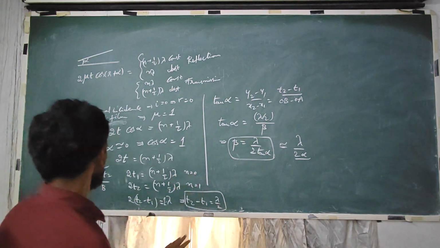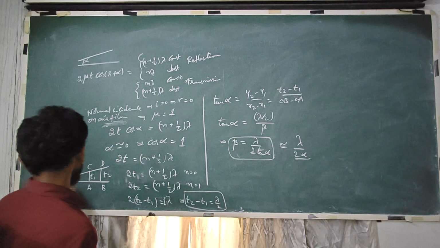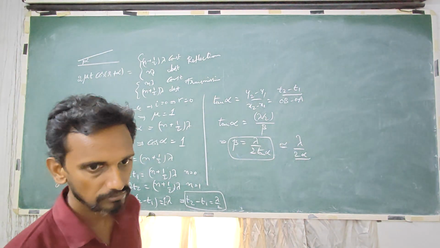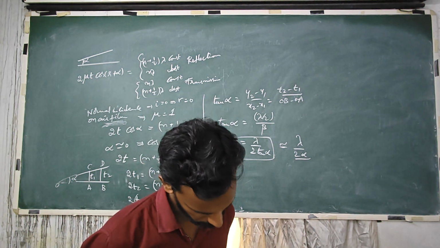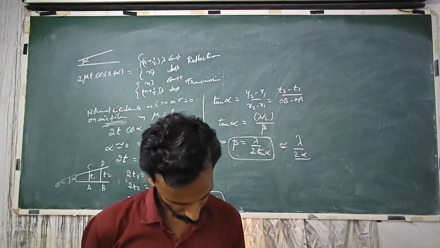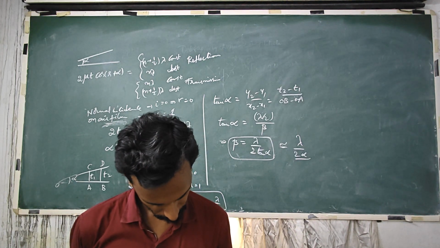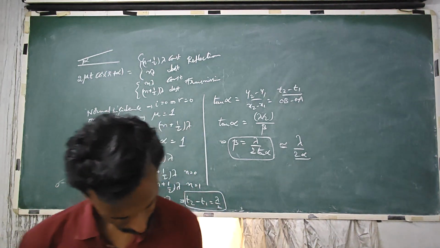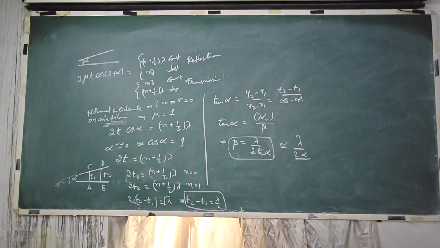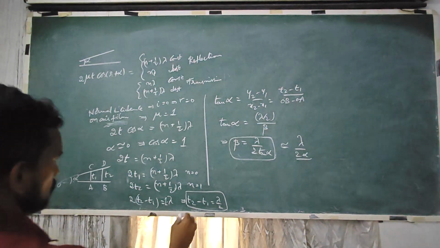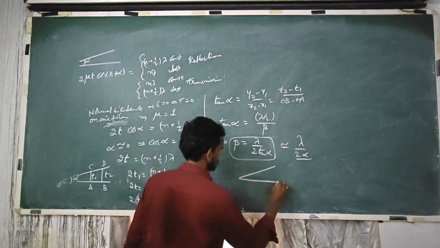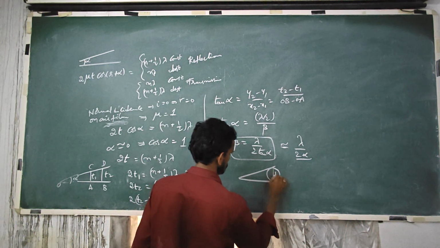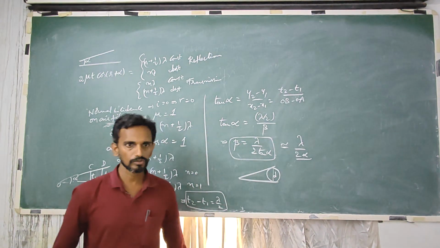So what is tan alpha? Maybe whatever x distance by thickness of the film, I mean thickness by x. Okay, so let's say you have placed a wire between two glass plates.